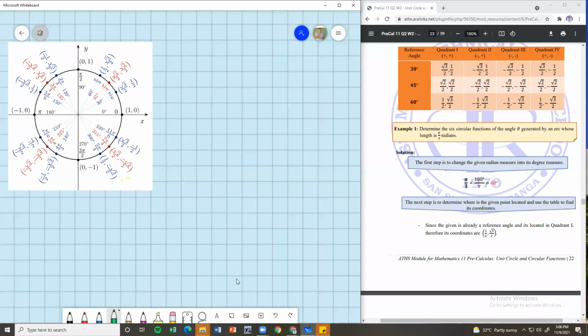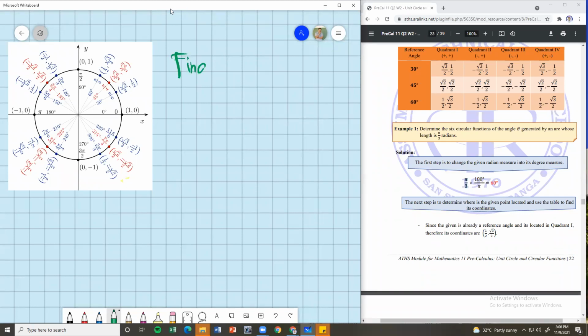Okay na. Ready? So, if your given is a radian measure, all you have to do is to convert it to a degree measure. Let's try this.